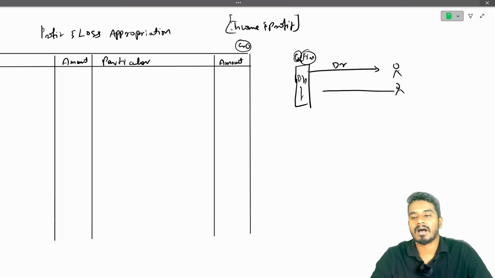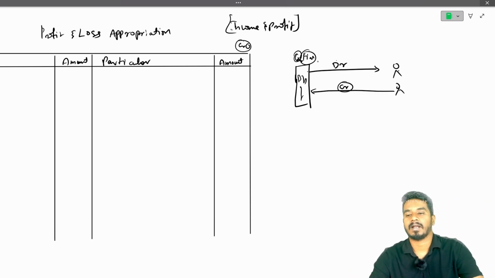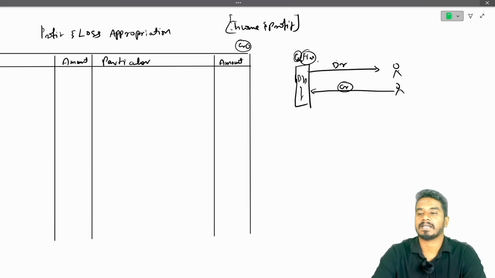If partners are paying to the firm, that will get credited. Right. So this is the simple math. If the firm is paying to partners, it will get debited, and if partner is paying to the firm, it will get credited. That's it, as simple as that.